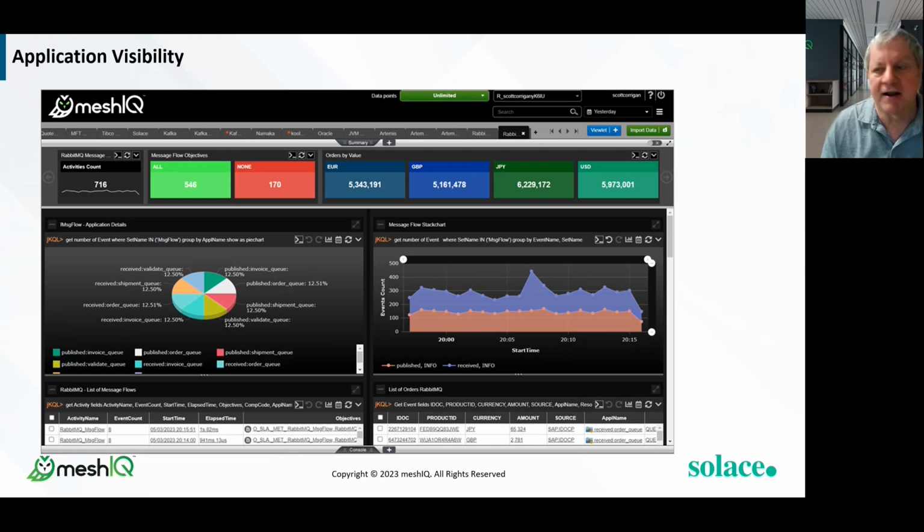And then one part I want to draw your attention to is this upper right quadrant up here, where you'll see that we have values where it says euros and pounds and Japanese yens, because one of the other things that we can get access to are metrics that the applications are producing. And those metrics can be things like dollar amounts.